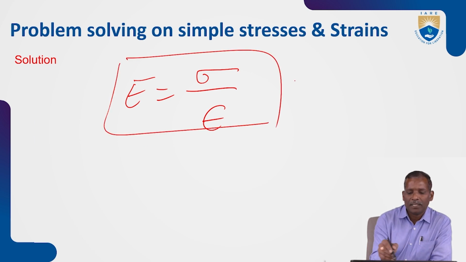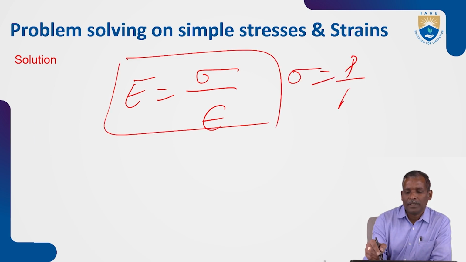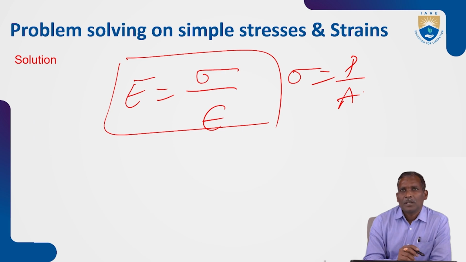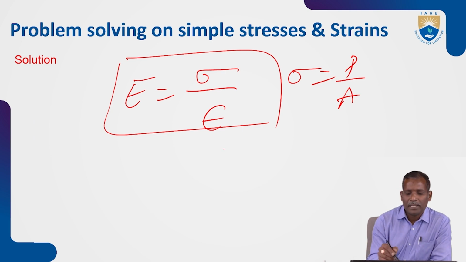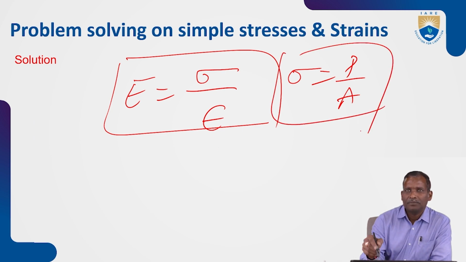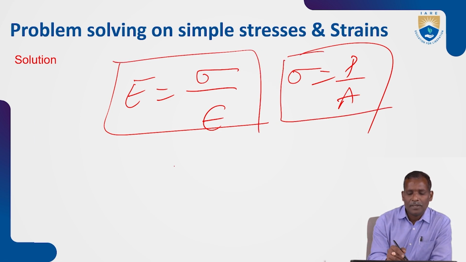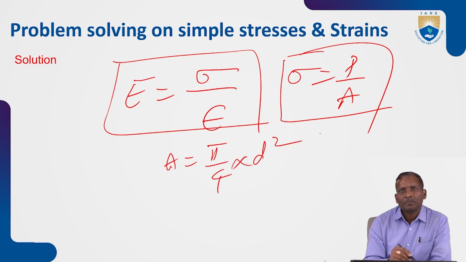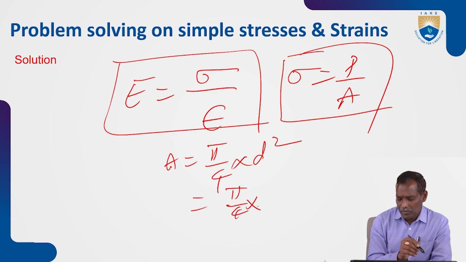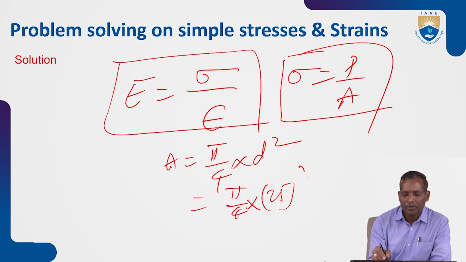How do you calculate stress? Stress is equal to load per area. Area we don't know, so calculate the area. Area is π/4 d square. So the diameter is given, π/4 into 25 whole square.